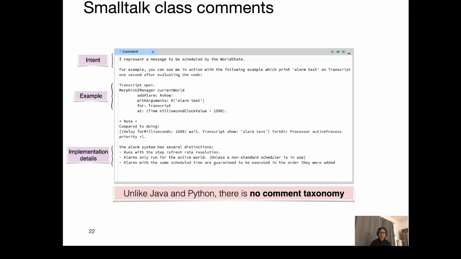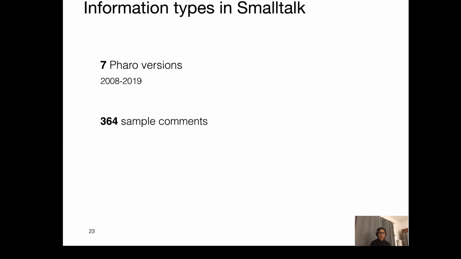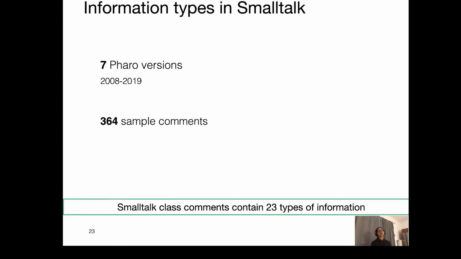So in this work, we looked at 7 versions of Pharo, and we sampled 364 comments from these 7 versions, and we manually analyzed to see what comments contain. What we found is that Smalltalk class comments contain 23 types of information.